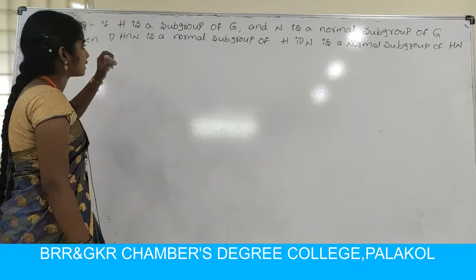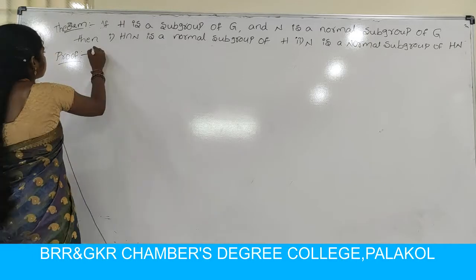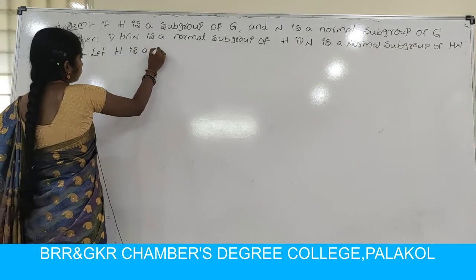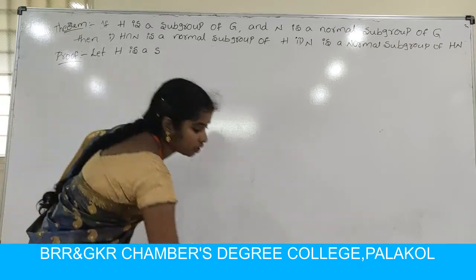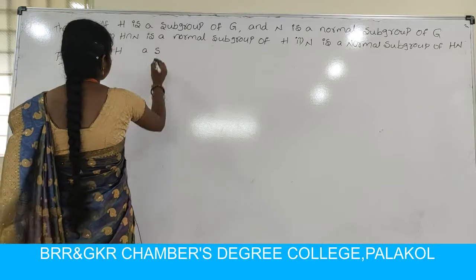Already given that H is a subgroup of Z, N is a normal subgroup of Z. So, let H be a subgroup of Z, N be a normal subgroup of Z.